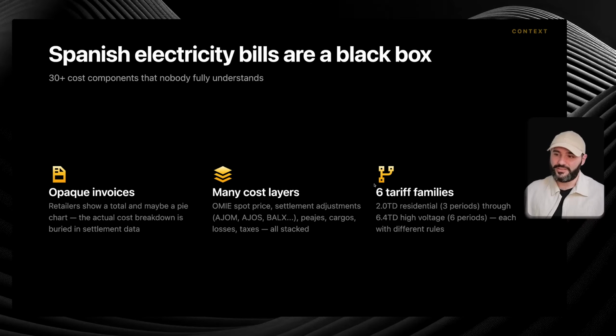Then we have got 6 tariff families with different categories for residential and others for industrials, where we have to take into consideration many files in the raw data to process them and compose the indicators for the bill.